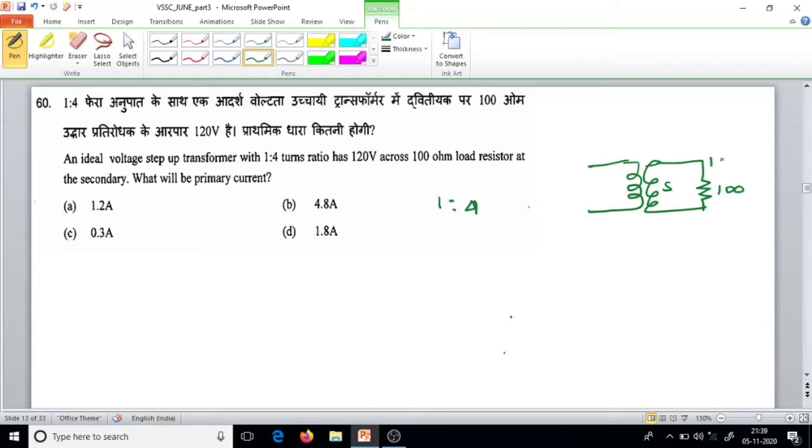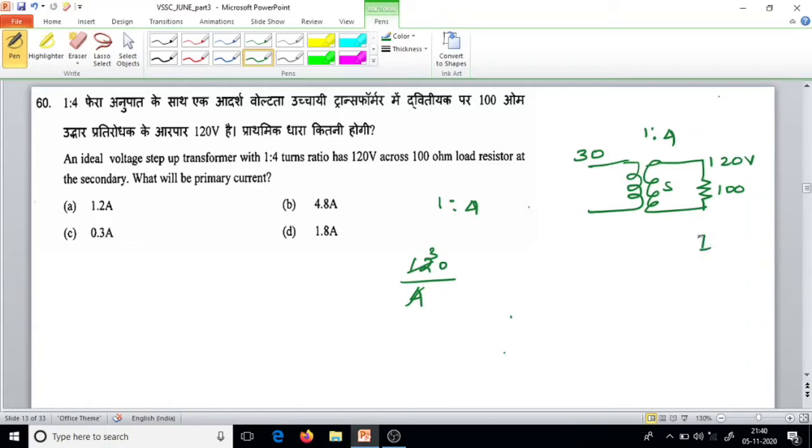The voltage is 120 volt, and it's a 1:4 transformer. Here we have 120 volt. 120 divided by 4 comes to 30 volt. That means 30 volt is here.